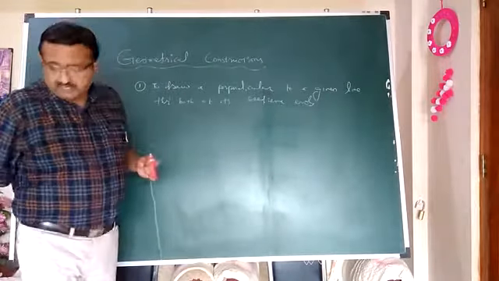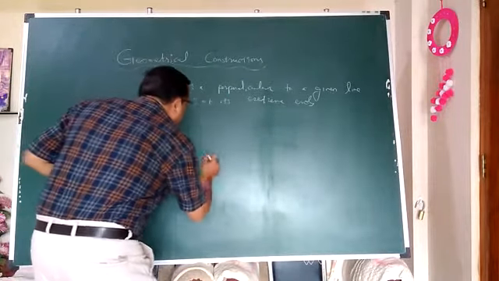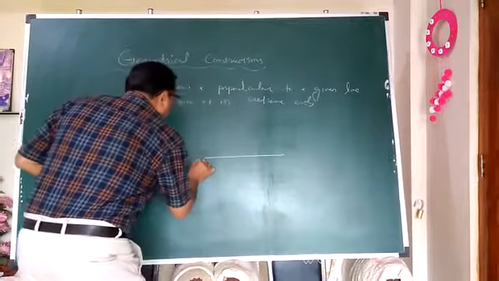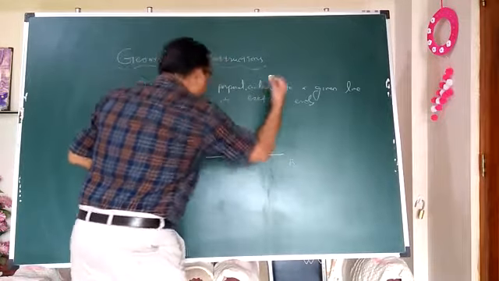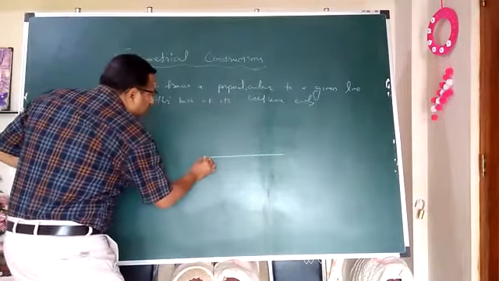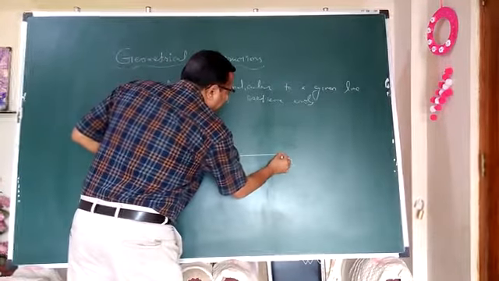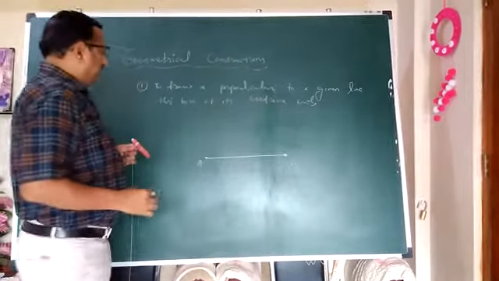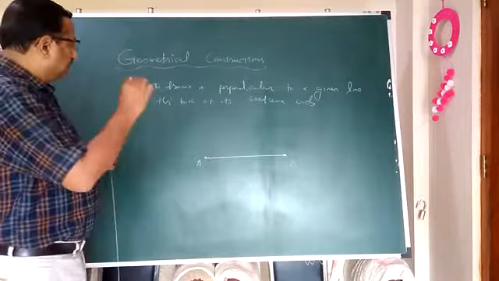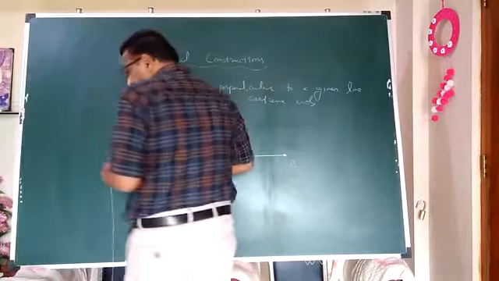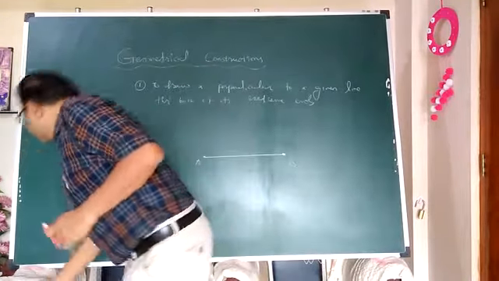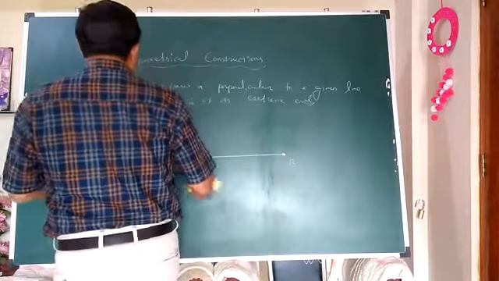Okay, so for that, suppose line AB is the given line to us, and from both of its extreme ends A and B, it is asked to construct perpendicular lines. So what is the procedure that we will see? Okay, for that I will read this first.